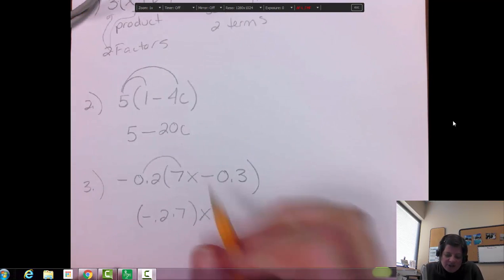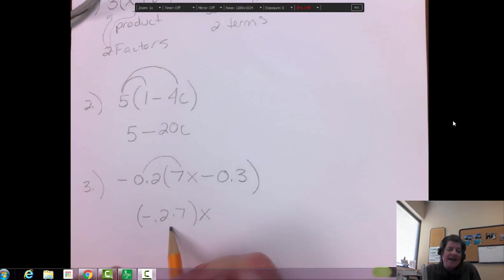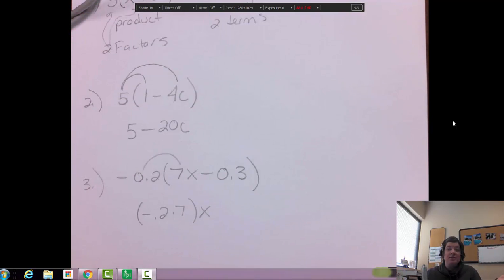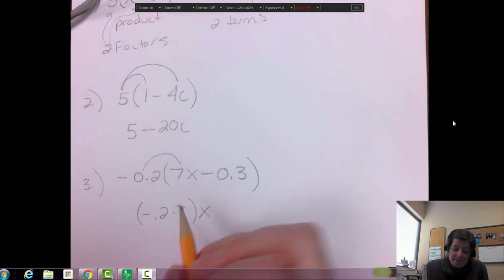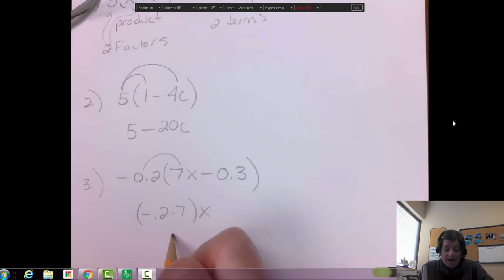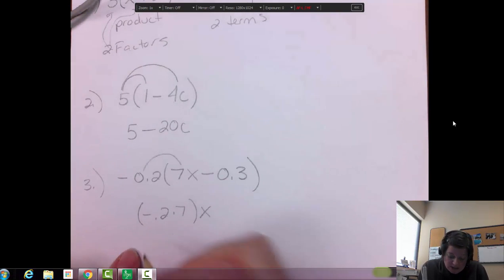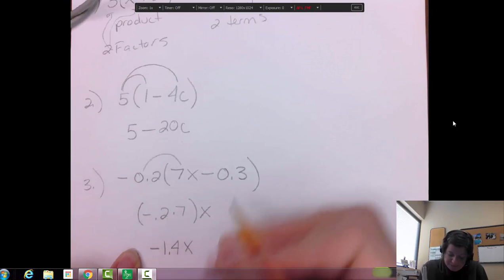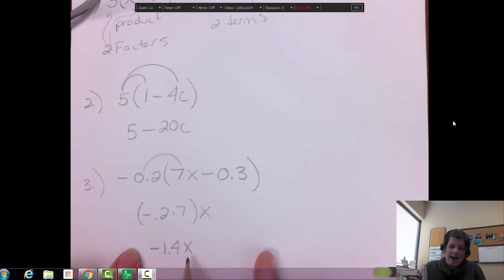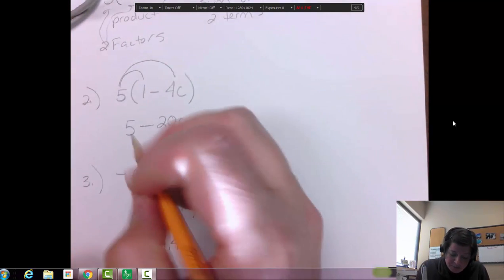They're like, okay, just keep that x but times those coefficients that are in front. So what is 0.2 times 7? It is going to be 1.4, and we know a negative times a positive is a negative. So the answer to this part would be negative 1.4x.